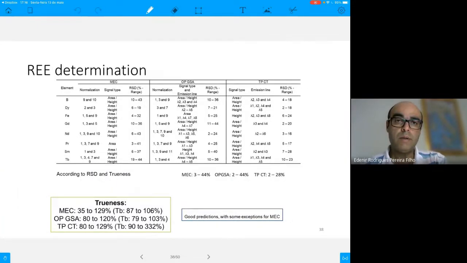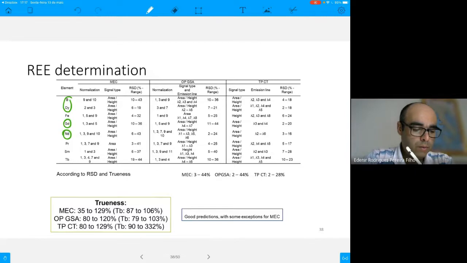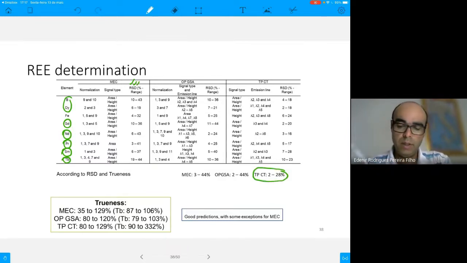Some results for rare earth elements, like dysprosium, gadolinium, neodymium, praseodymium, samarium, and terbium. The results for relative standard deviation varied from 2 up to 28% using two-point calibration transfer.